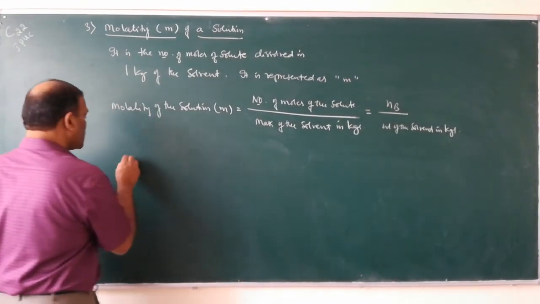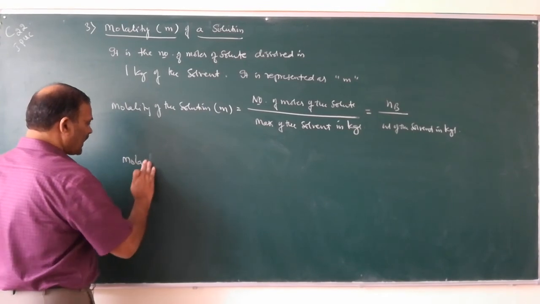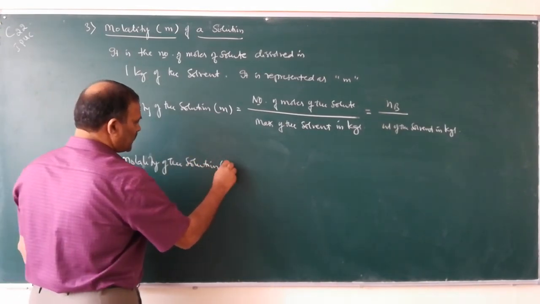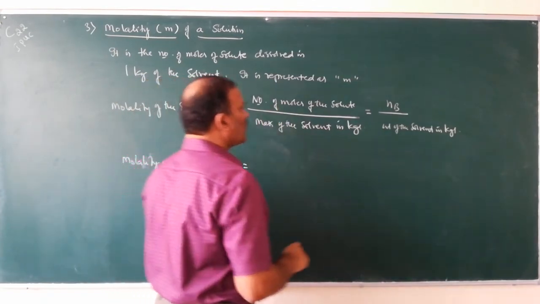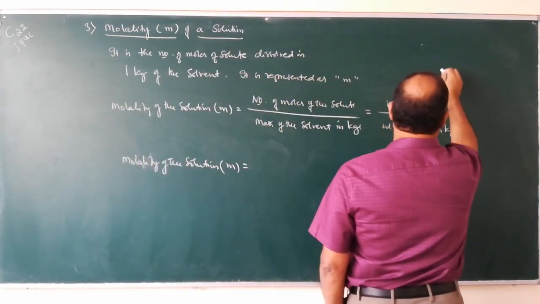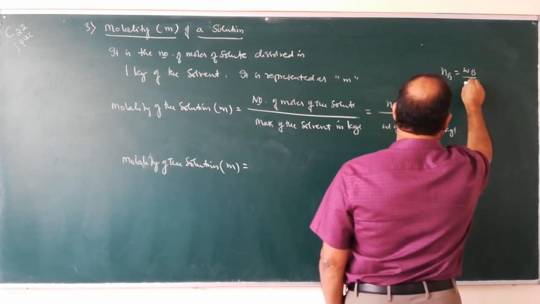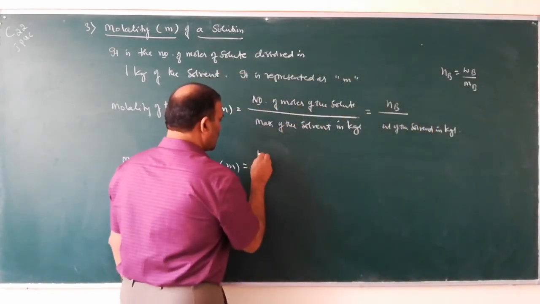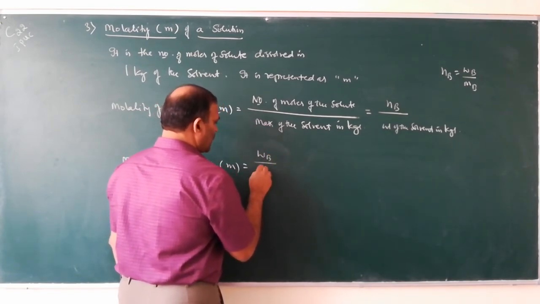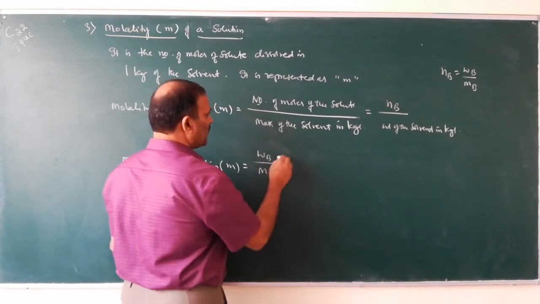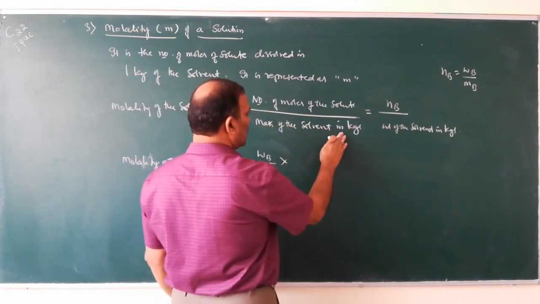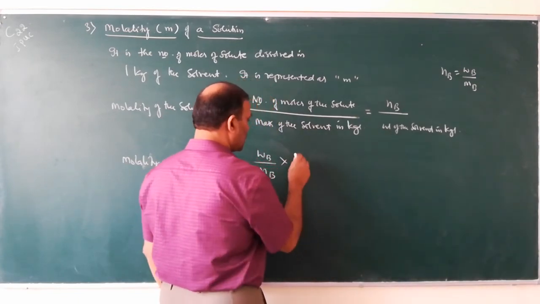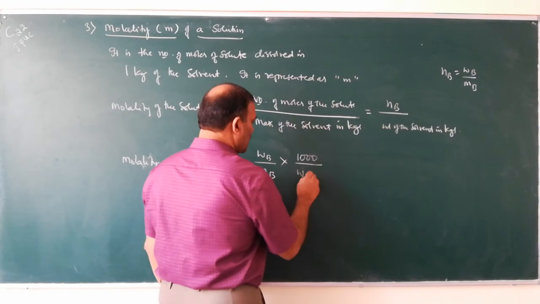So you can also use this formula: molality of the solution, m, equals the number of moles of the solute, NB equals WB divided by MB, into 1000 divided by WA.